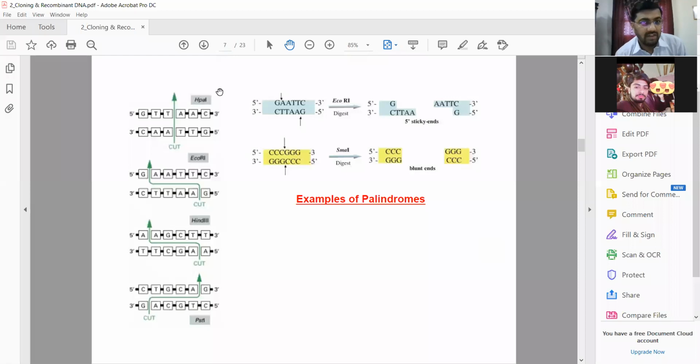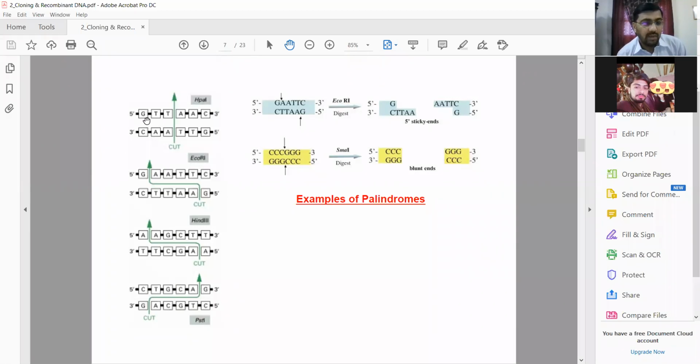For example, HpaI or SmaI cut the DNA from the center and produce blunt ends, while EcoRI, HindIII, and PstI produce 5' or 3' overhangs, or sticky ends.